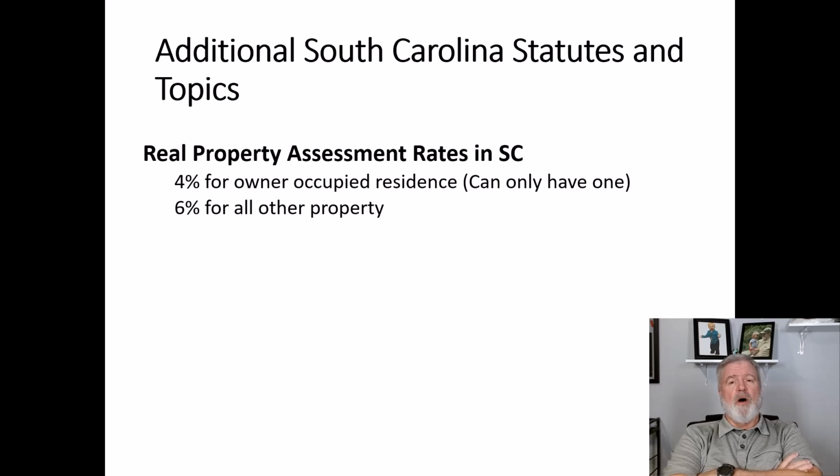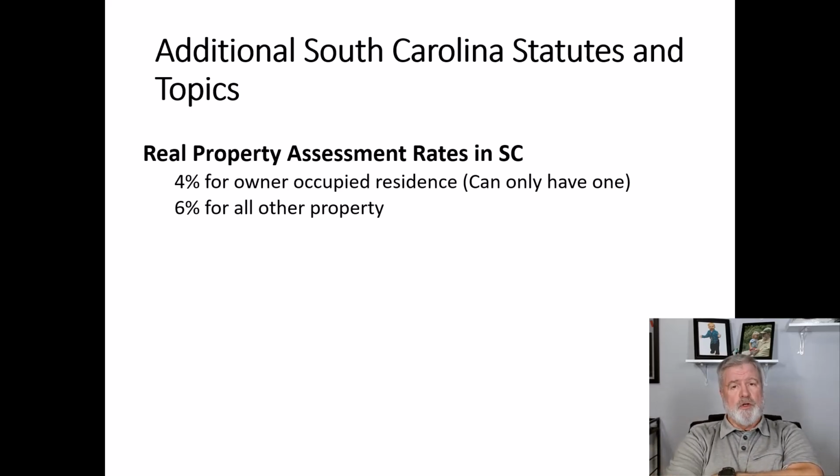By the time all the numbers are actually worked out, if your taxes were, say, $1,000 a year at the 4% rate, if they were to assess that at the 6% rate, you're probably looking closer to $2,500 to $3,000 a year. So it's almost, or right at 3 times the amount, after all the math has been calculated.